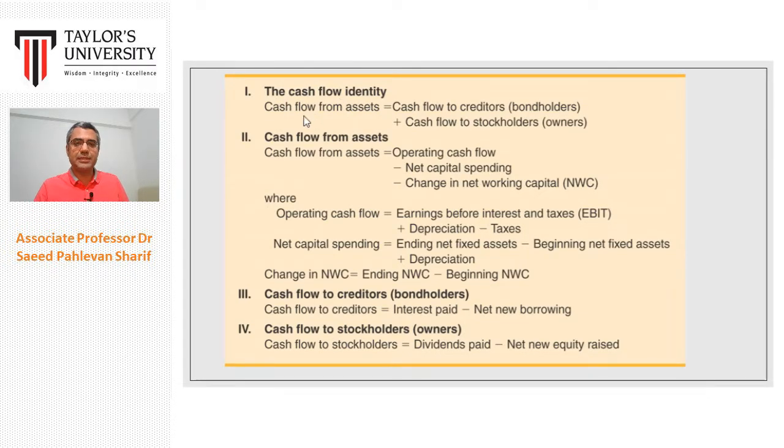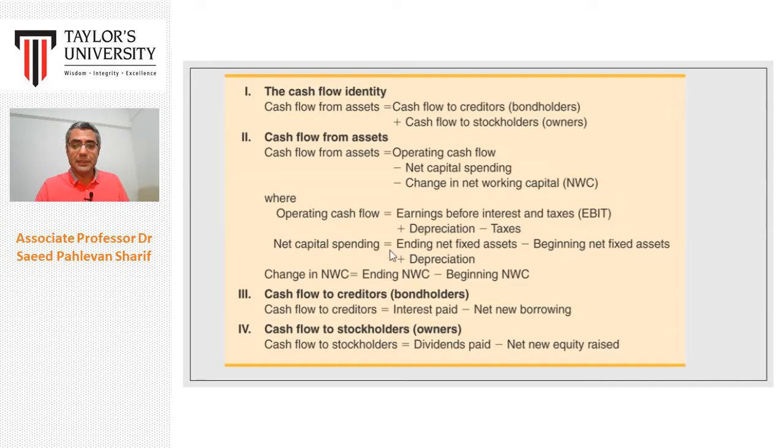So the cash flow identity is the first one that we discussed, right? Then this one I also explained to you. And here, as you can see, for example, operating cash flow is earnings before interest and tax, and you can find this in the income statement, and depreciation and taxes are also in the income statement.